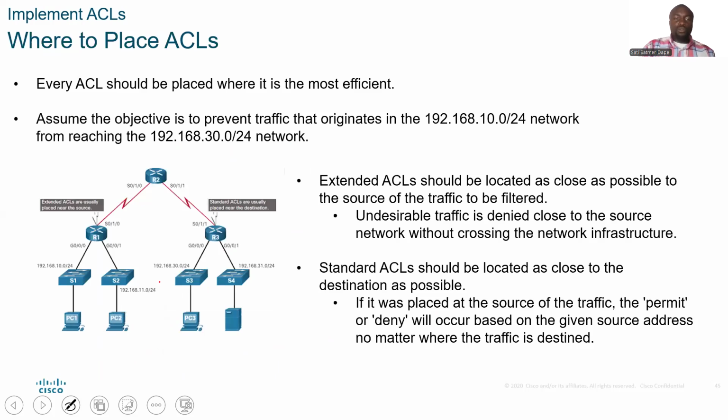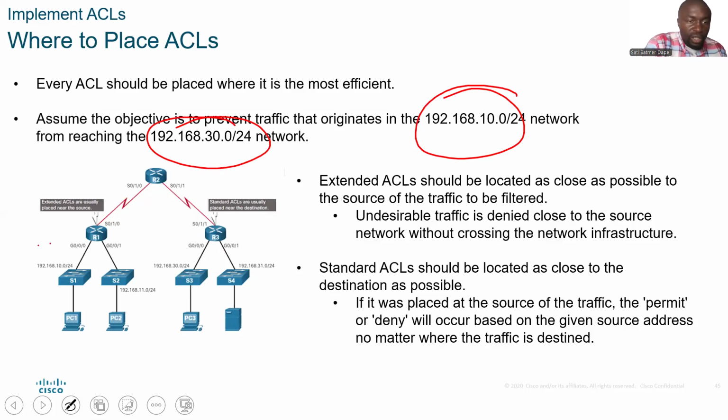Every access list should be placed where it is going to be most efficient. Assuming the objective is to prevent traffic that originates from the 10.0 network from reaching the 10.30 network, where is 10.30? Where is 10.0? This is the 10.0 network, and this is the 10.30 network.